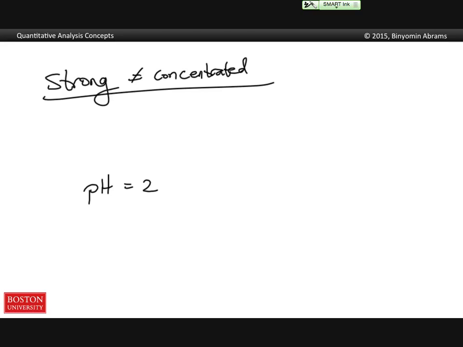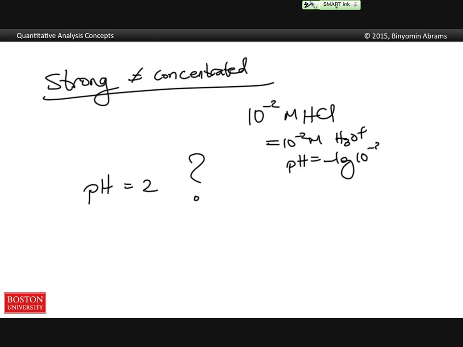And the answer is, we don't know. Well, it could be 10 to the minus 2 molar hydrochloric acid, because in 10 to the minus 2 molar hydrochloric acid, I'm going to have 10 to the minus 2 molar hydronium, which means I'm going to have a pH of 2.